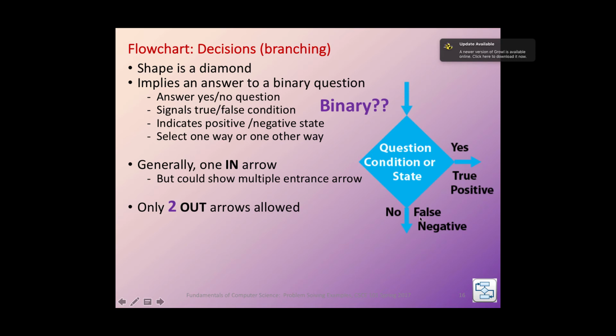If it's no, false, or negative, you go out the other way. Okay? This implies a strict, rigorous control. Only two choices. You make one. Whatever choice is made is dependent on the condition that the program is in at that point, or the answer to the question that is asked here. Okay, and it has the change of the program flow based on the answer of that question.